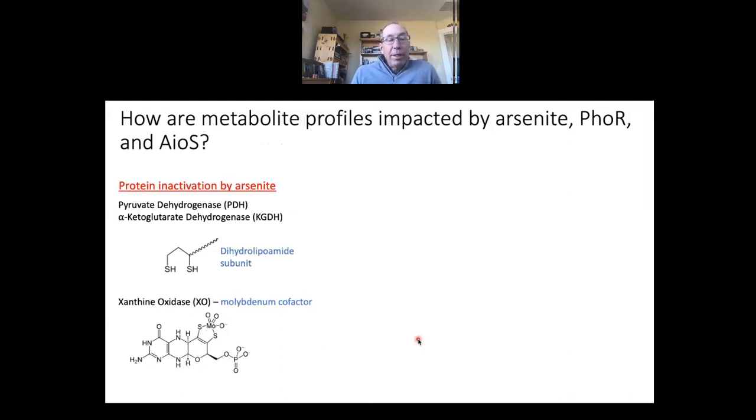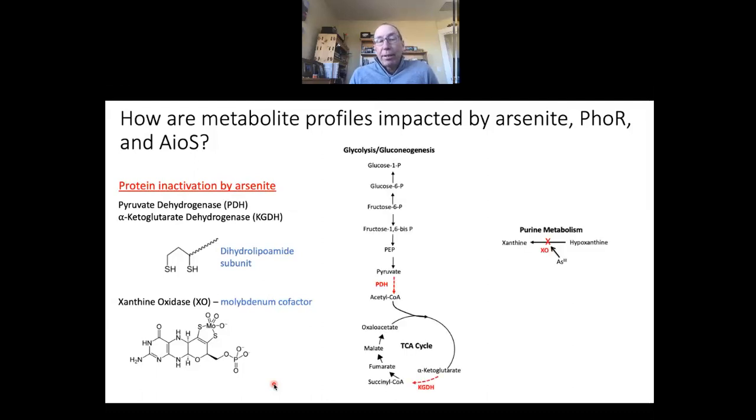Another enzyme that has reactive sulfur moieties in it is xanthine oxidase, with this molybdenum cofactor that is sensitive to arsenite. So we expected we might see changes in metabolites around these enzymes because they could become inactivated.